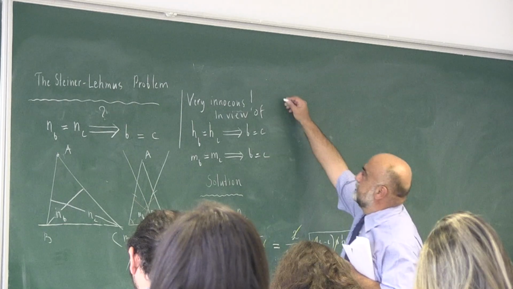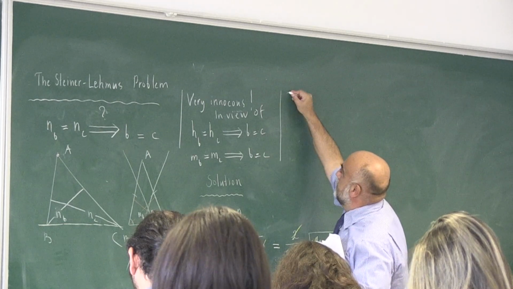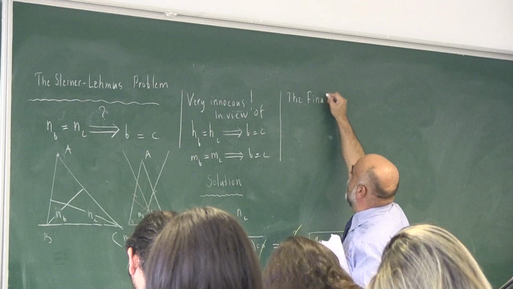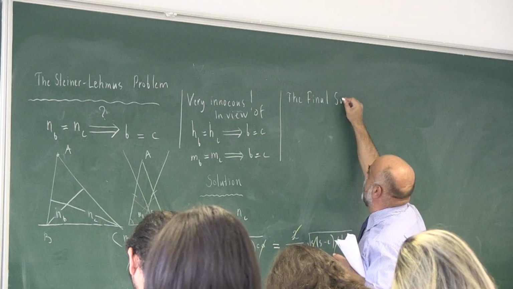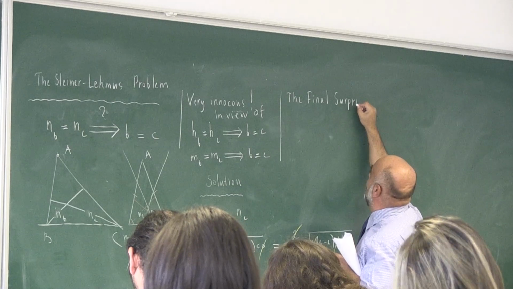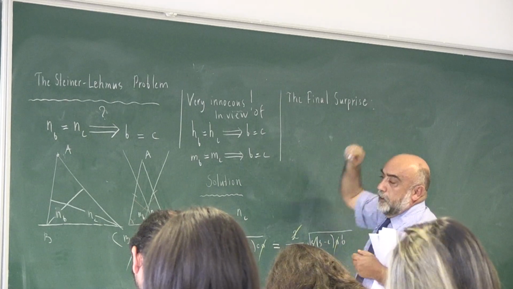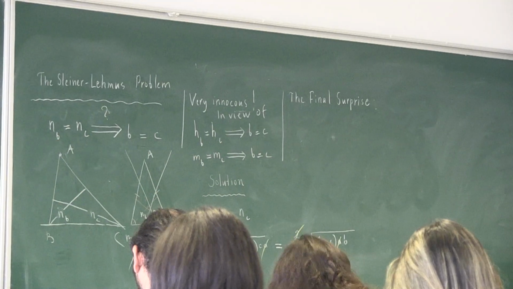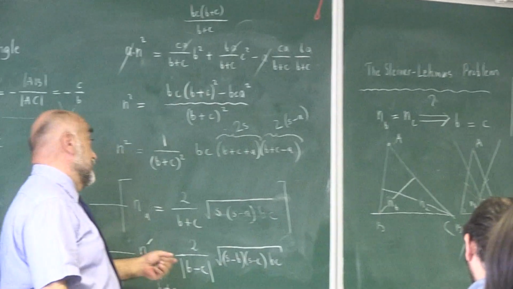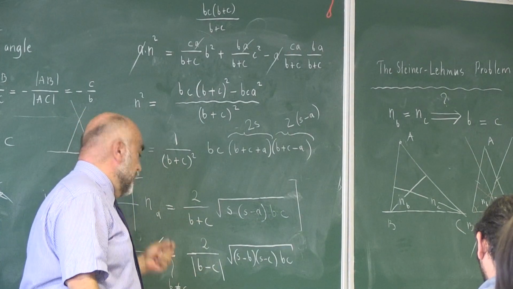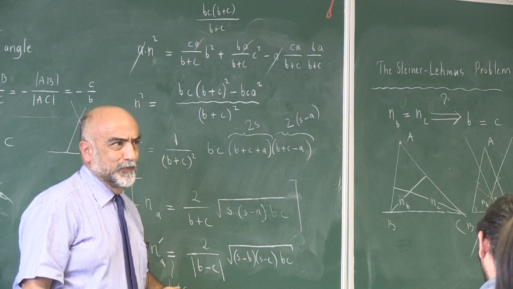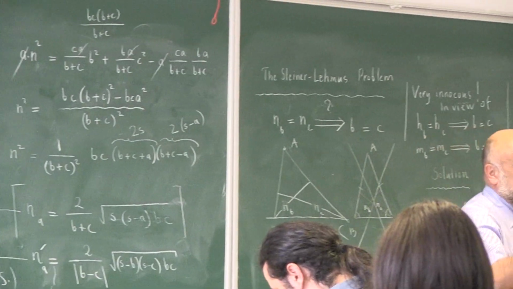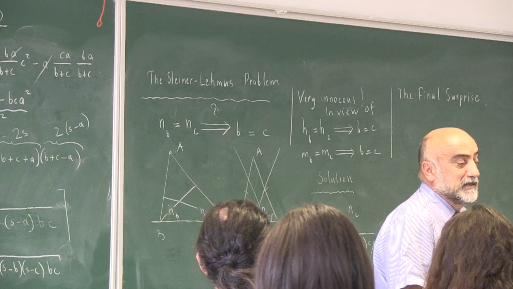Okay, the final surprise, let's say. Now that we have found successfully also a formula, in fact a very similar formula for the external bisector, I think Lehmus was a pretty insignificant person.